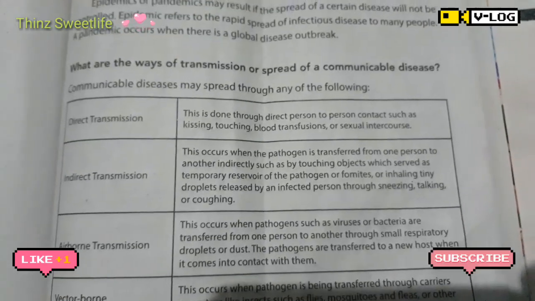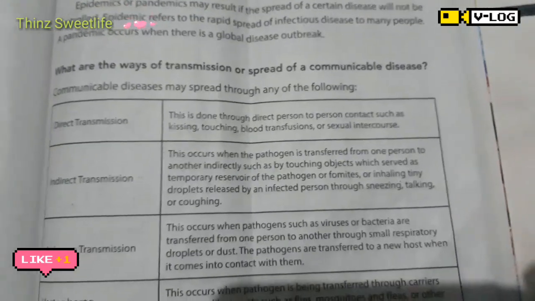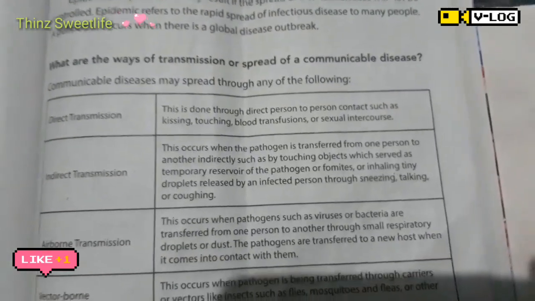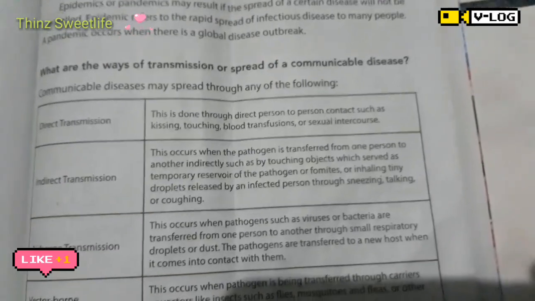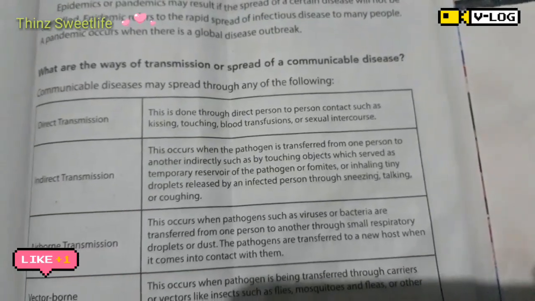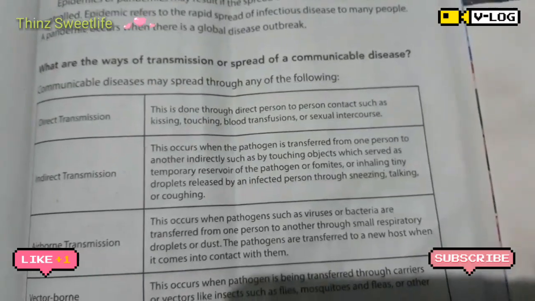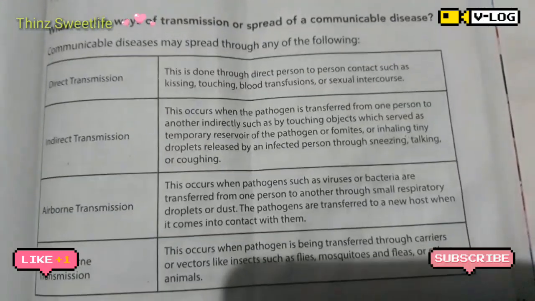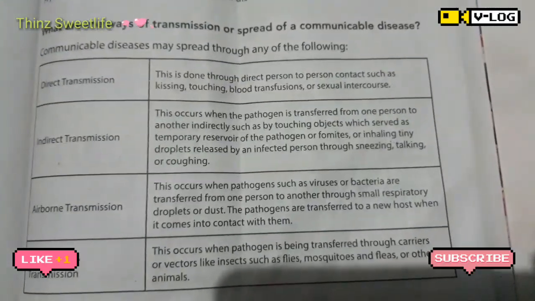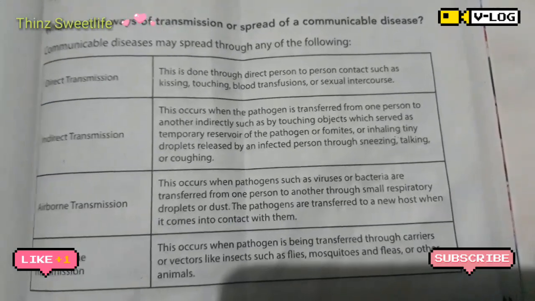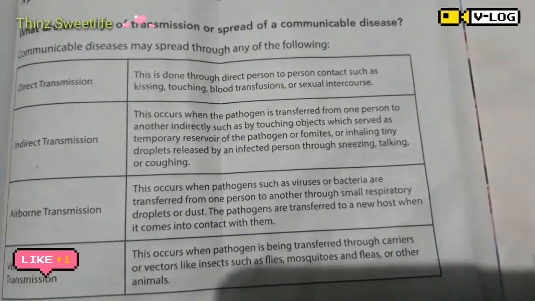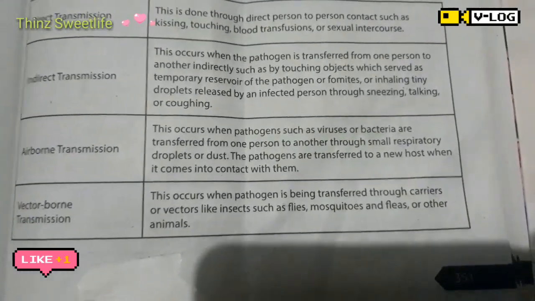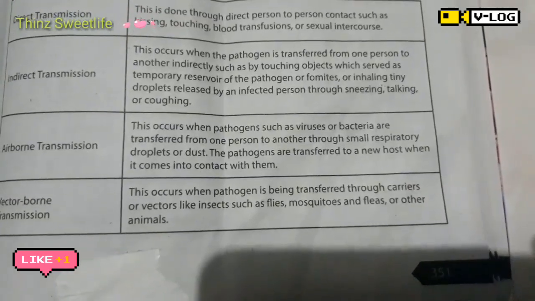Indirect transmission occurs when the pathogen is transferred from one person to another indirectly, such as by touching objects which serve as temporary reservoirs of the pathogen, or fomites, or inhaling tiny droplets released by an infected person through sneezing, talking, or coughing. Airborne transmission occurs when pathogens such as viruses or bacteria are transferred from one person to another. Vector-borne transmission occurs when the pathogen is transferred through carriers.